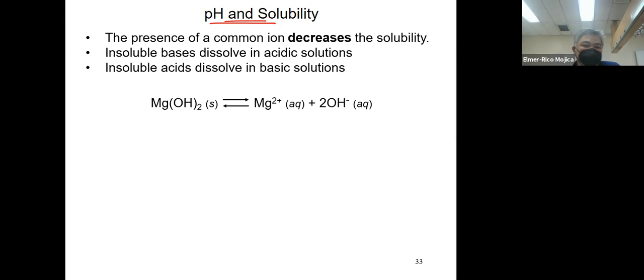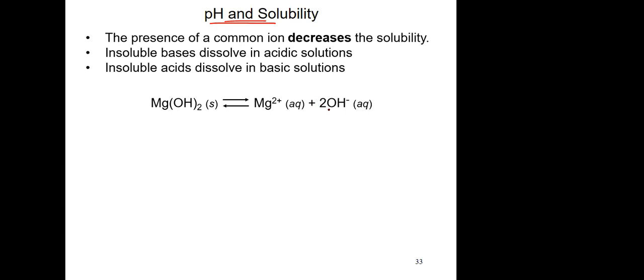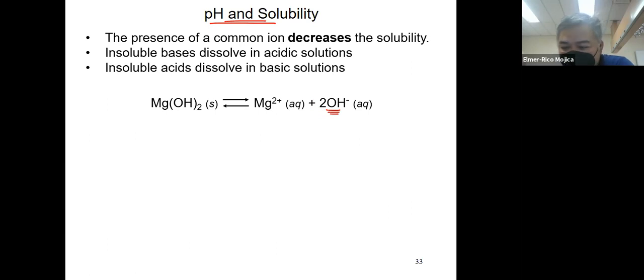So for instance, magnesium hydroxide, how do you make the solubility of magnesium hydroxide increase or decrease? So what is affected by pH here indirectly? What ions affect the pH here? The hydroxides. Okay. So how do you make it more soluble and how do you make it more insoluble?